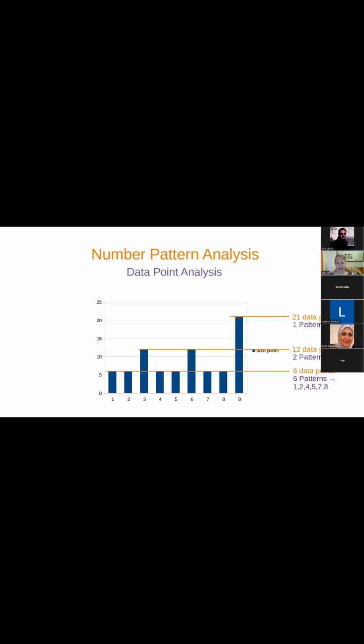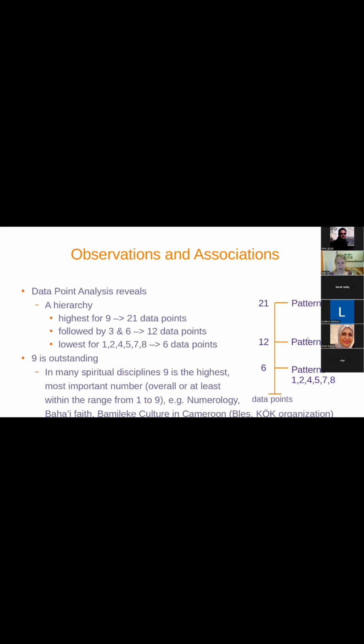And the last one, 21 data points, only appears for 1 number pattern, which is 9. So from there, we know that there is a hierarchy within the number patterns, where 9 is the highest, 3 and 6 are the next, and the lowest are the other numbers. In this case, it's 1, 2, 4, 5, 7, and 8.